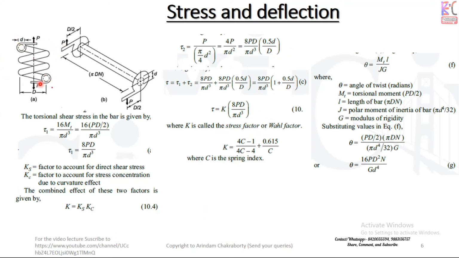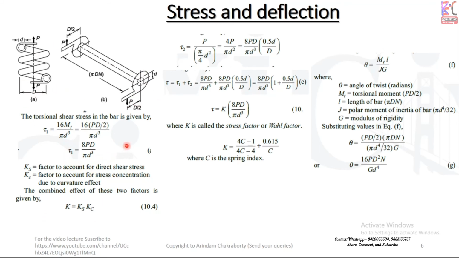Now what is this? It's a spring. This small d is the spring wire diameter, and capital D is the complete spring diameter. A force P is applied over here, and this is D by 2, D by 2. We have to understand it in this way.